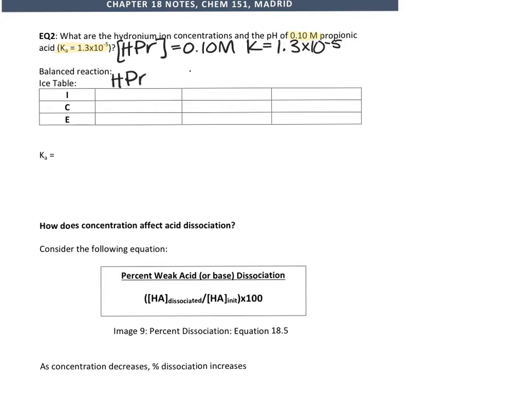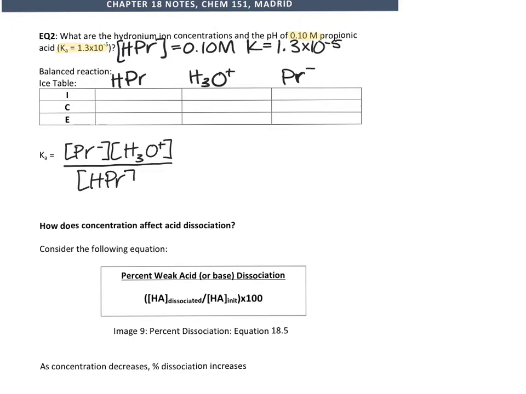It reacts with water always to form hydronium ion, and then the counter anion or the conjugate base, which is Pr minus. Now again, this is just an abbreviation. This isn't a correct chemical formula. And let's set up the Ka expression at the bottom. So that's Pr minus times H3O plus over HPr. Great.